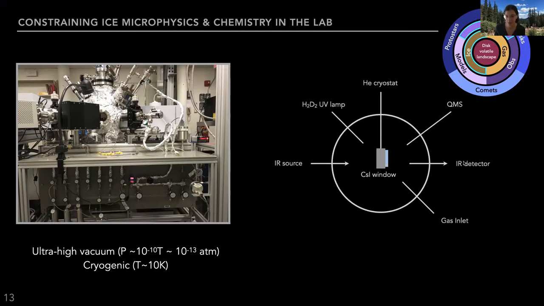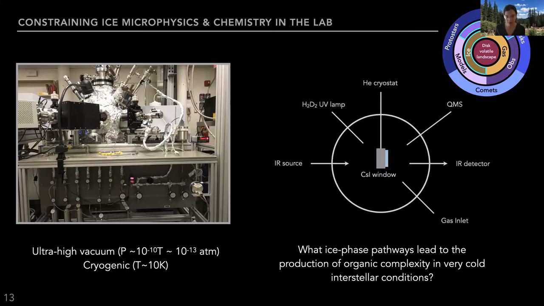Then we can use infrared spectroscopy to study the composition of the ice throughout the course of an experiment. And we can also use energy sources like a UV lamp to stimulate the chemistry. So again, the driving question here is to try to understand what ice phase pathways can actually lead to the production of organic complexity in very cold interstellar conditions.